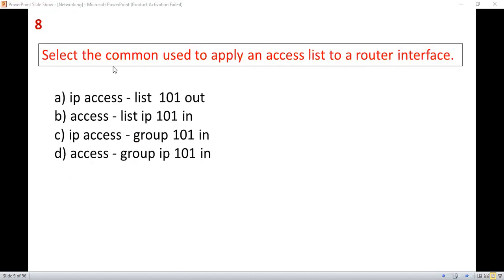you need to select a command used to apply an access list to a router interface. What will be the answer?